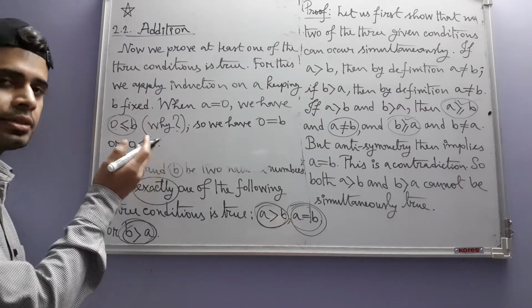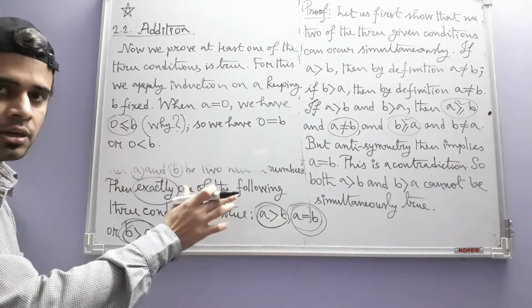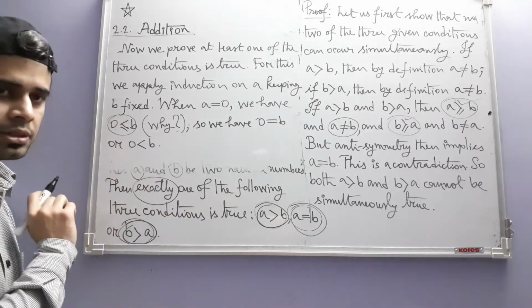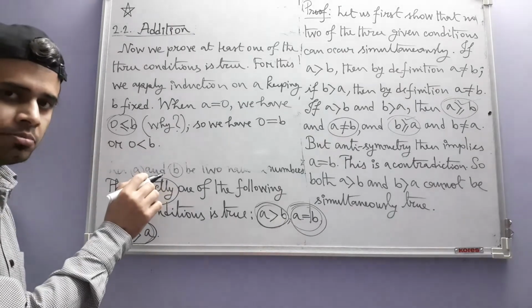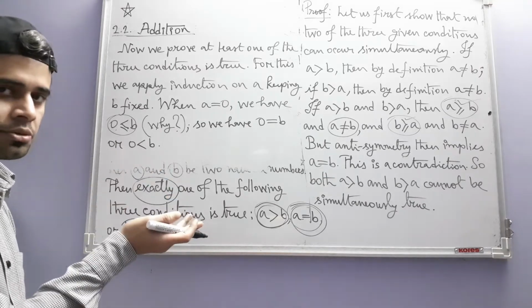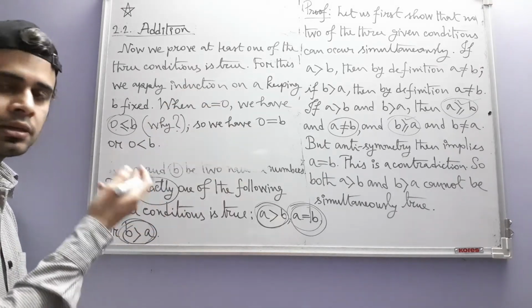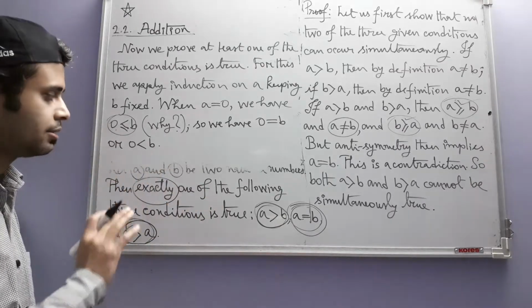I am using less than or equal to, although I have not defined the phrase, but you understand what it means. When we say a is greater than or equal to b, that is the same thing as saying that b is less than or equal to a. I could have written that in the definition when I defined order relation, but I did not do it.